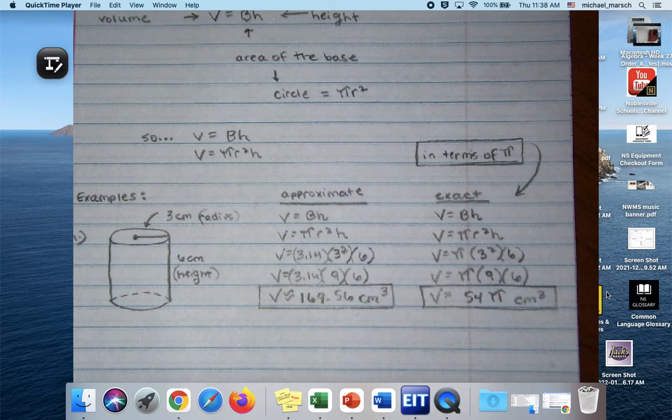How do we feel about volume of cylinders? Awesome. Okay, let's do another one.